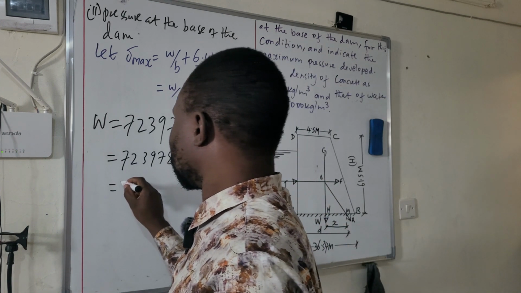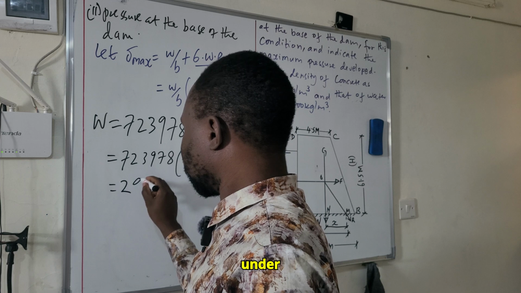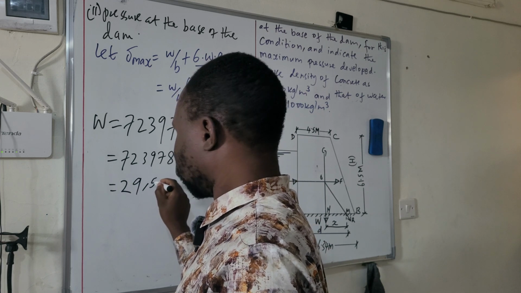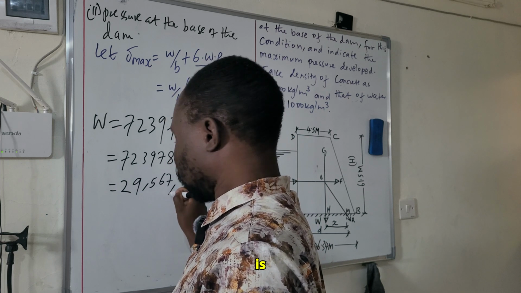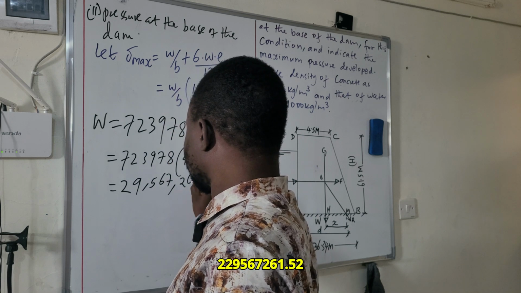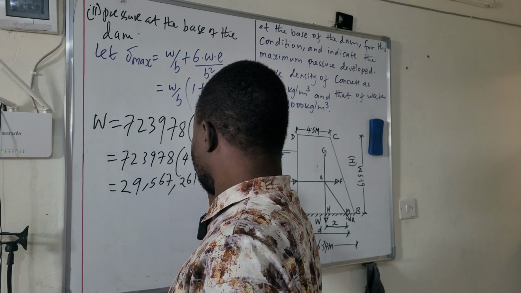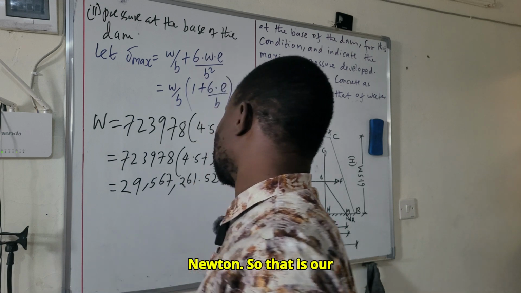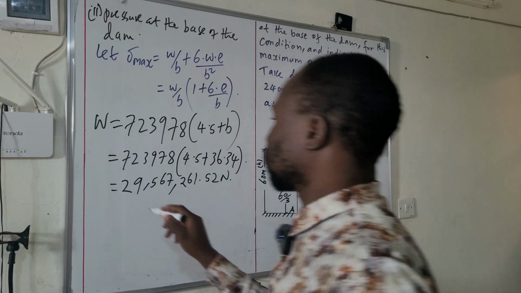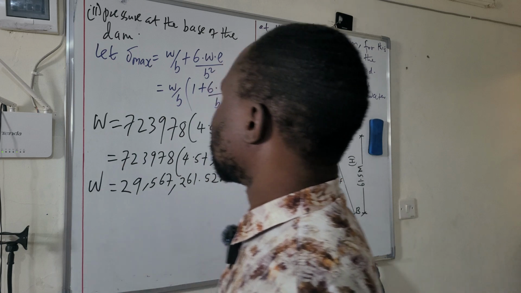So the answer is 2 29 5 6 7 261.52 Newton. So that is our W.